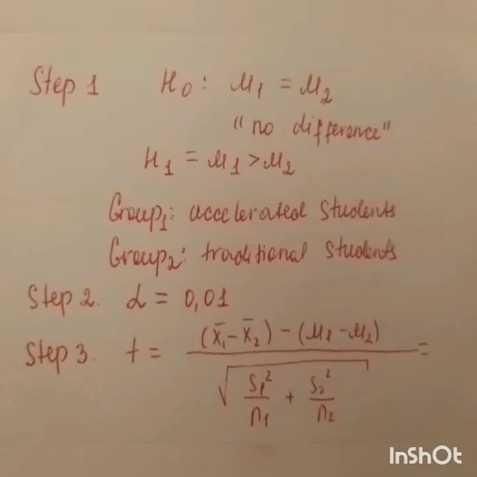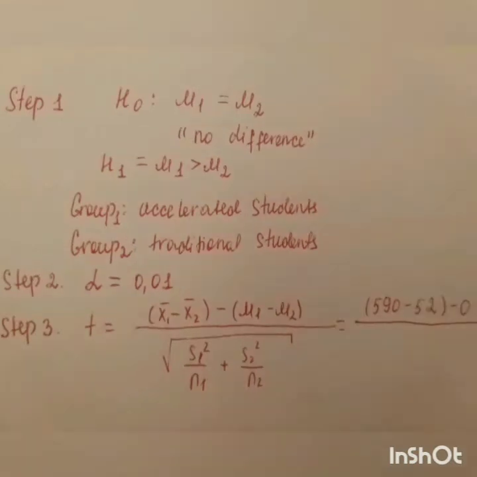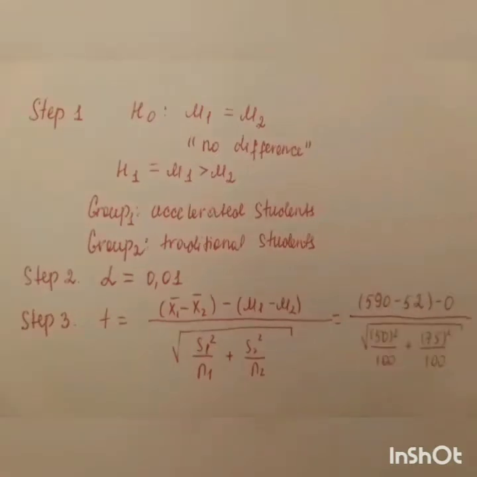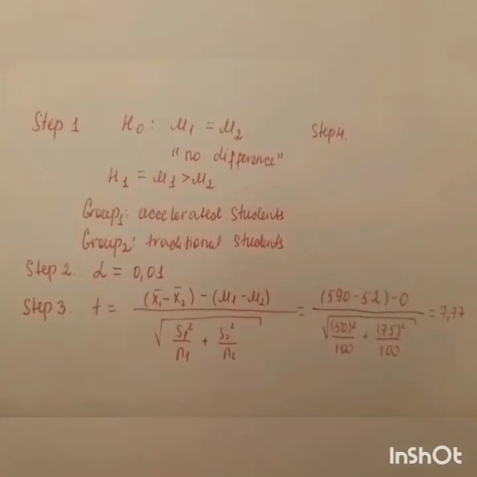Therefore, the sample mean and the standard deviation for group 1 are 590 and 50 respectively, and the sample mean and the standard deviation for group 2 are 520 and 75 respectively. Because we assume that there is no significant difference between the two groups under the null hypothesis, μ1 minus μ2 will always be equal to 0.